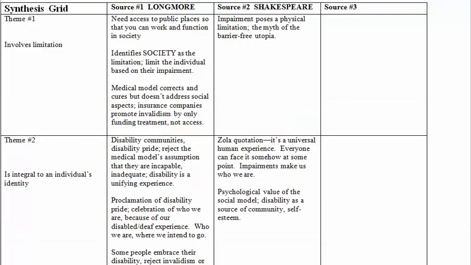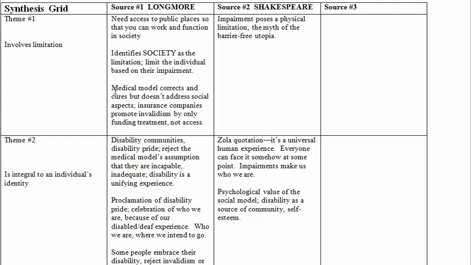You'll notice that then going across, what I've done is looked for the way a particular source has responded to this theme. So when I looked at the Longmore reading, I felt like he, in talking about limitation, talked about the need for access to public places. I honed in on the fact that he identified society as the limitation.